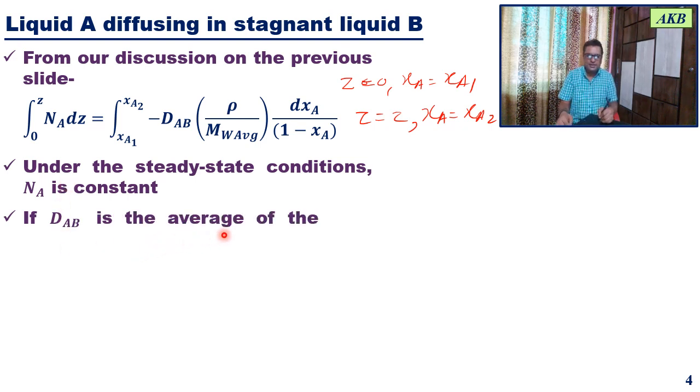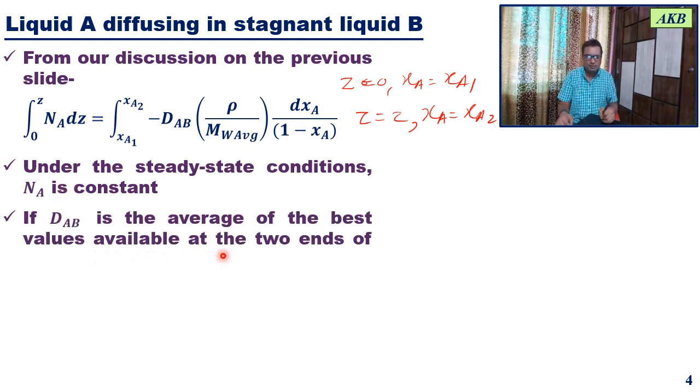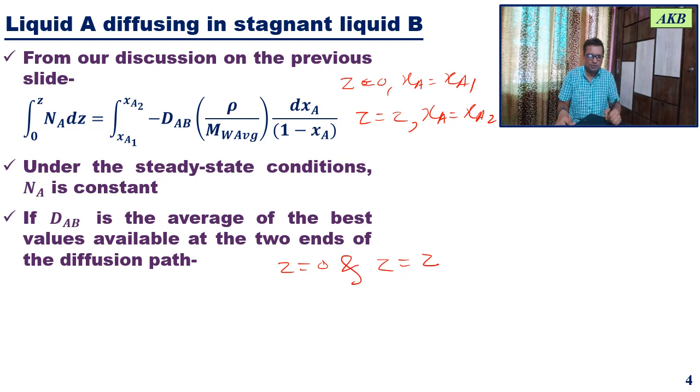And if dAb in the equation is itself the average of the best values available for dAb at the conditions under consideration, that is, the average of the best available values at the two ends of the diffusion path, dAb at z is equal to 0 and dAb at z is equal to z, then you can consider that as constant.